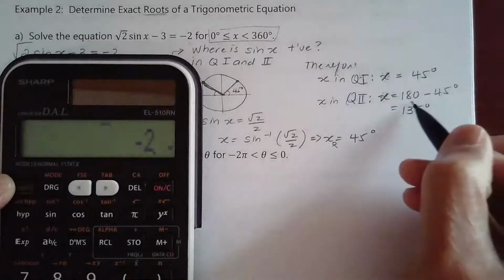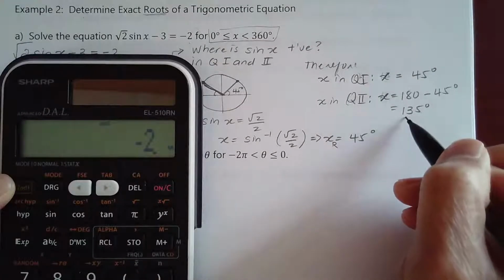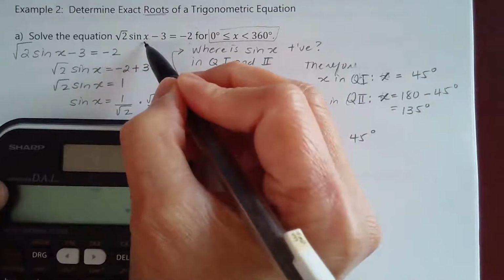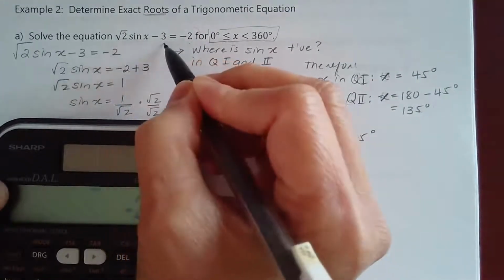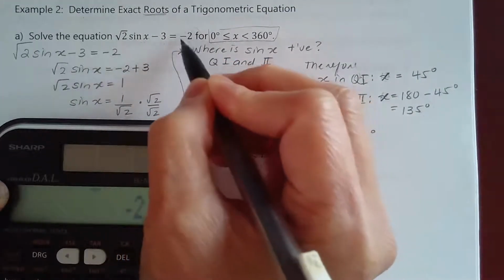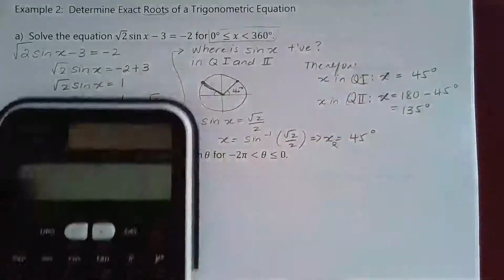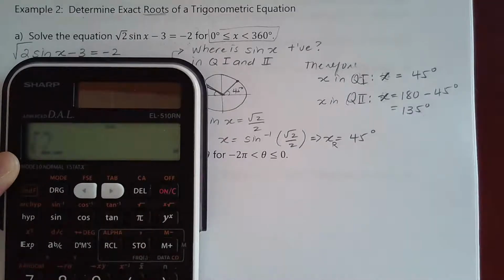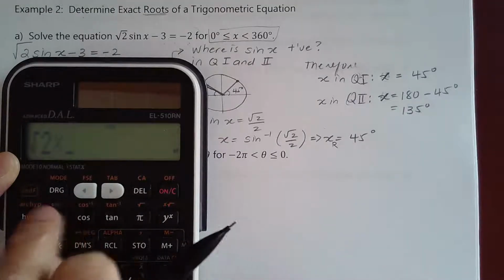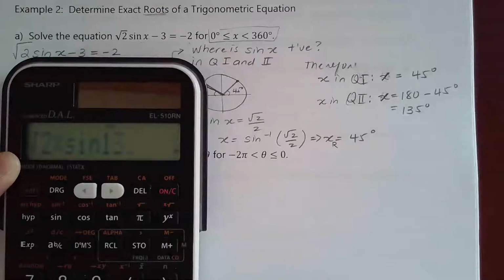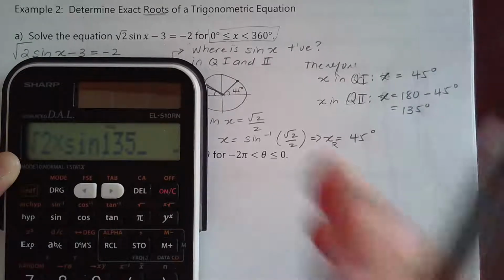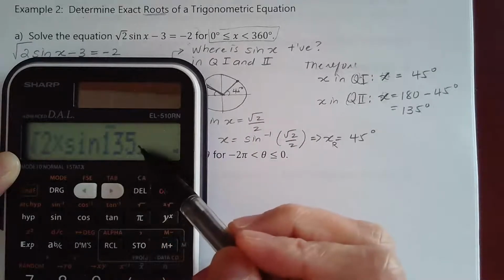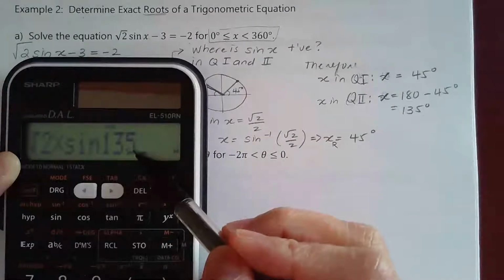Now let's calculate this one. Substitute 135 for x and see if the left side of the equation will equal the right side of the equation, which is -2. So square root of 2 times sine of 135. Some calculators, when you press sine, automatically open a bracket, so type in your 135, but make sure you close it.